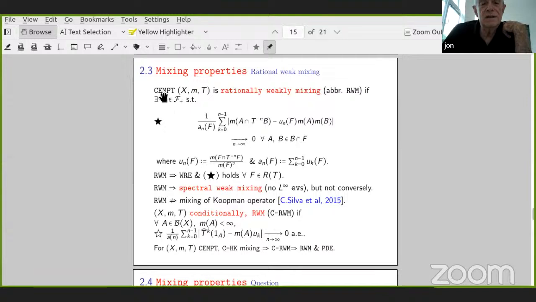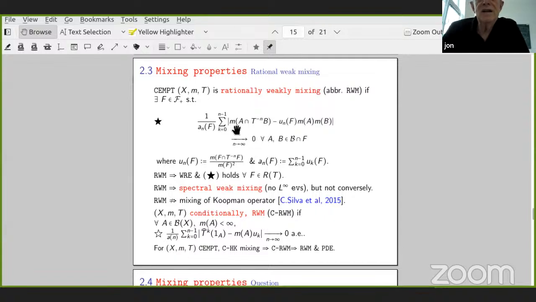So I have a conservative ergodic measure preserving transformation. It's going to be rationally weakly mixing if, for F, where a_n(F) is the sum of these u_n(F), and these u_n(F) are what you would use for the mixing, then you look at the sum of 1 over a_n(F) times the absolute value of the measure of A intersect T^(-n)B minus u_n(F), these normalizing constants, times the measure of the product, and this should go to 0 as n goes to infinity.